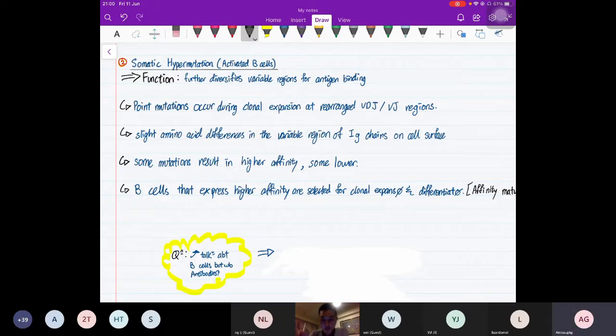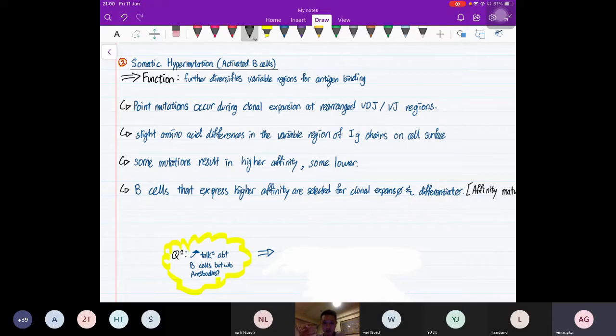Your slight amino acid differences in the variable regions of your Ig chains, your immunoglobulin chains, will change the entire conformation of the antigen binding site of your antibodies. Why? Because after your amino acid changes, they have different characteristics. Each amino acid has a different characteristic.